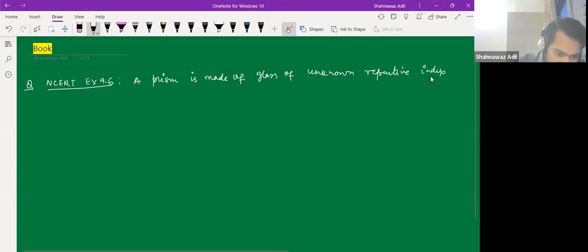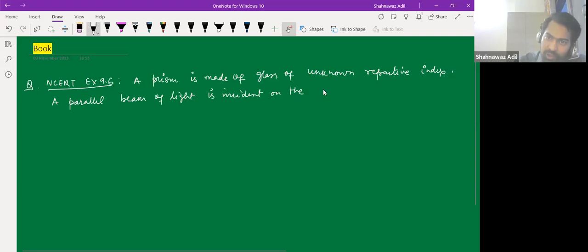Okay, then a parallel beam of light is incident on the face of the prism, right?